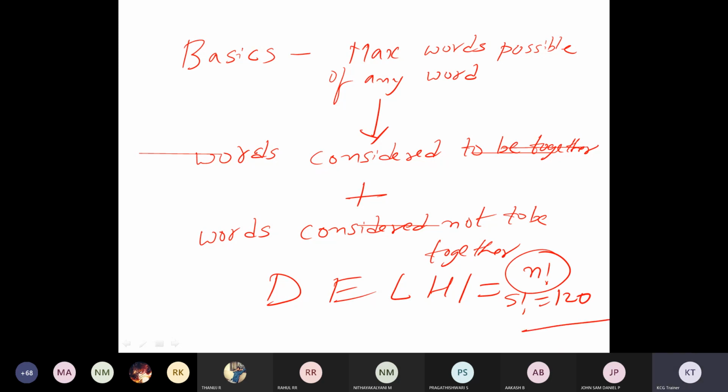What does this 120 include? It includes the words where, if I ask that D and E should be together, the letters D and E should not be separated, those words are also included in that 120. And this 120 also includes those words where D and E are not together. Do you understand my point? 120 includes the words where they are together, and the words where they are not together. It includes both because 120 is the maximum words.